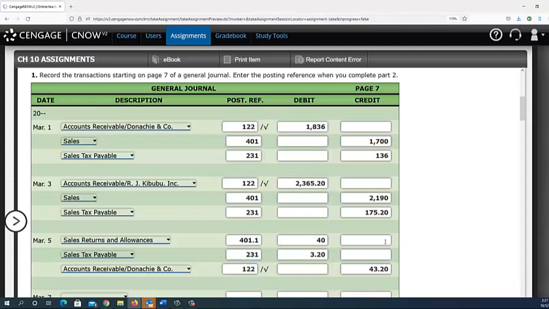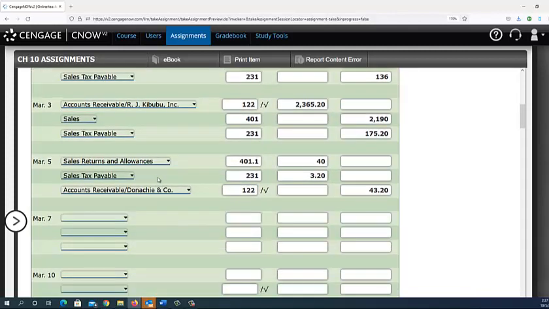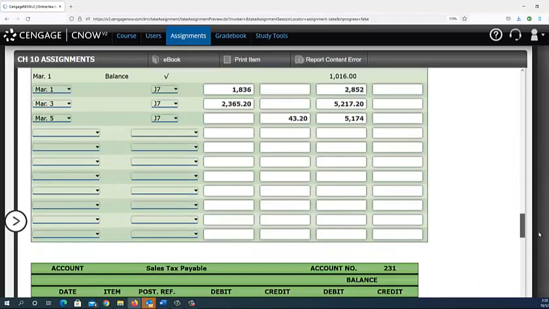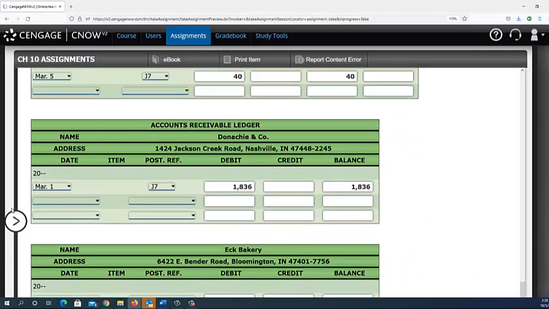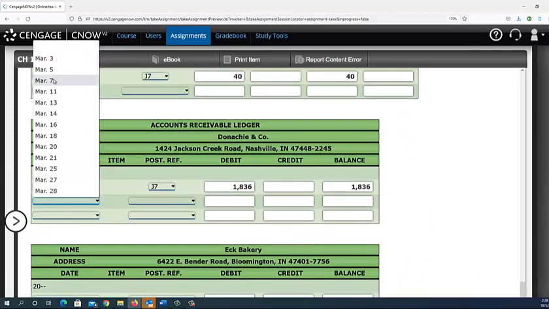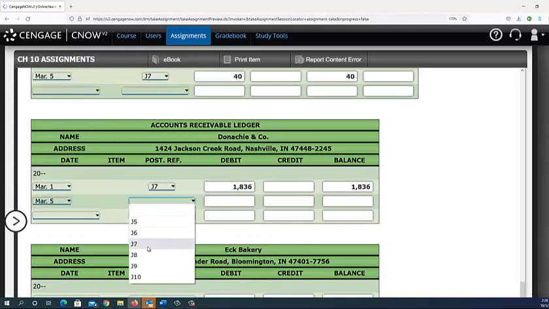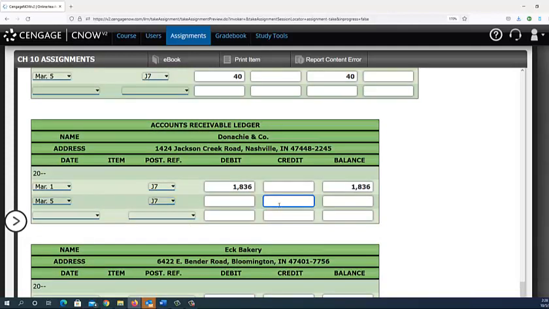And now we need to post and update Donacci and Company's account. So it's going to get a credit of $43.20. Okay, so that was the 5th. A credit of $43.20. So remember, this is a debit, this is a credit.